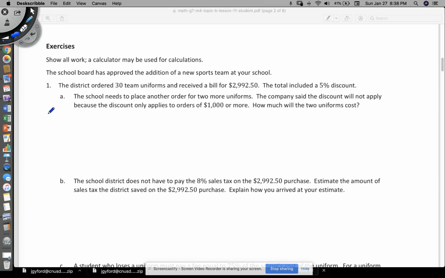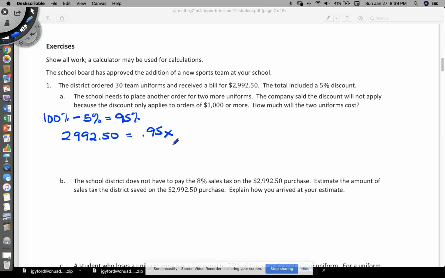All right, well, first off, they would have to pay 100% of those uniforms. So 100% is all the uniforms with no discount. Then, because they get the 5% discount, the school district is only paying 95% for those uniforms, because that includes that 5% off. So we're going to take the total of $2,992.50 and set that equal to the 95% they were responsible for, turning that into a decimal, times how many uniforms they need to purchase.